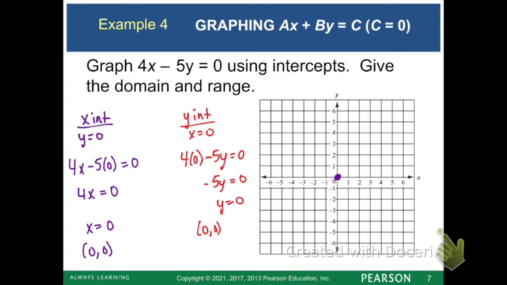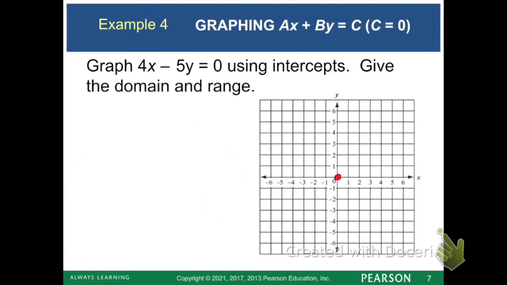So, since we need 2 points to graph a line, finding intercepts didn't really help us on this problem because I still only have 1 point for my line. So let's try to find another point. Let's just plug something in for either x or y and get out another point. So we're going to try plugging in x equals 5.